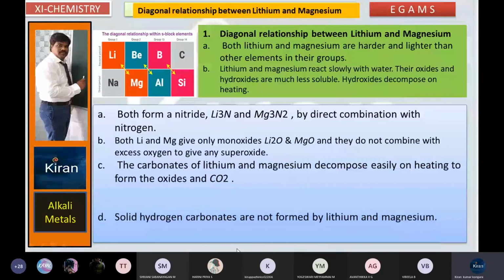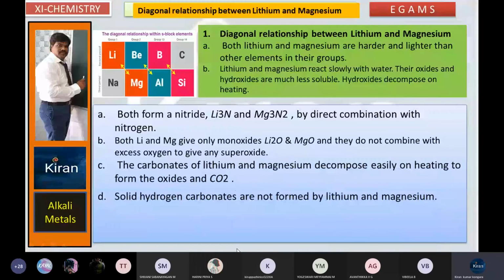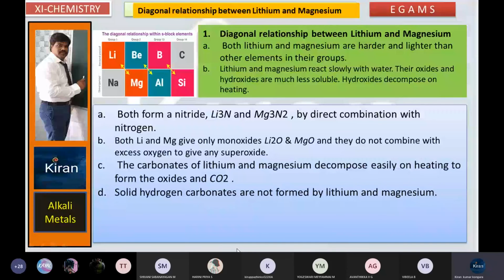Solid hydrogen carbonates are not formed by lithium and magnesium. This is a special different characteristic property, since all other alkali metals form solid hydrogen carbonates. Sodium hydrogen carbonate is solid, but lithium hydrogen carbonate does not exist in solid form, like magnesium. Both lithium and magnesium chlorides are soluble in ethanol, alcohol.